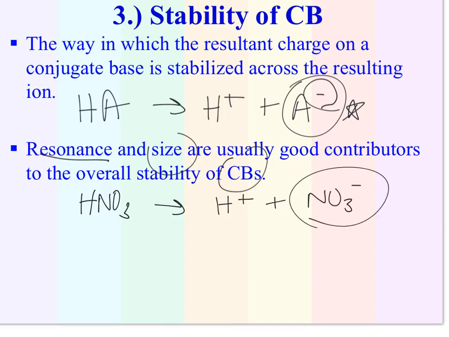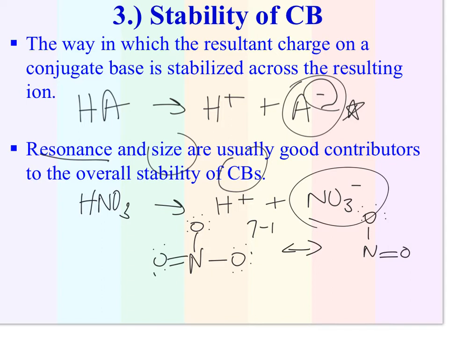If we look at the Lewis structure for this conjugate base, we know that the charge that exists on this ion is going to be distributed amongst the various oxygen atoms in the molecule, because we could draw a resonance, as we've discussed, in a couple of other forms, and of course, the third option.